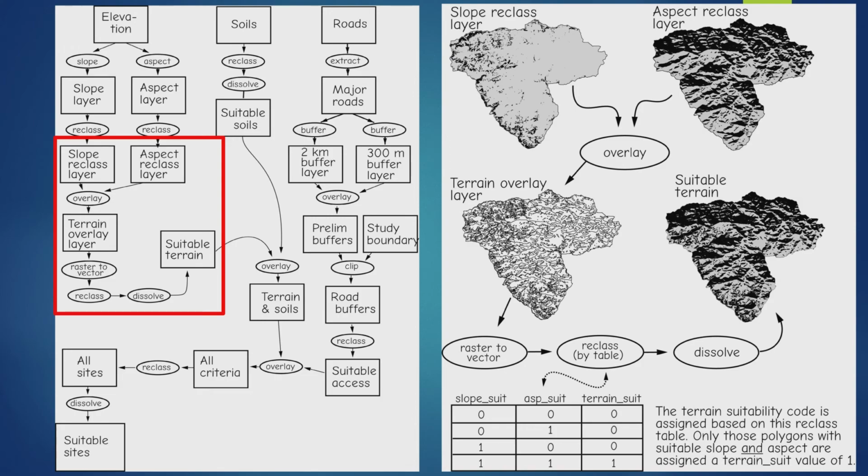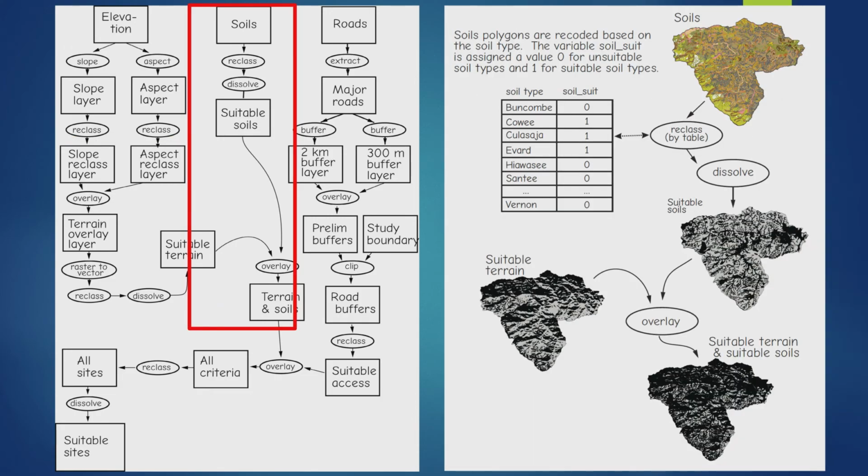That's very similar to today's lab. Soils, we could just do the reclassification. So that'd be a more simple approach: taking the soils, doing a reclassify, then doing a dissolve. Anybody remember what the dissolve does?